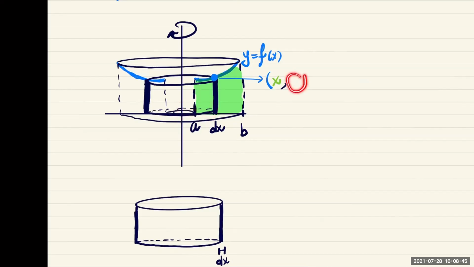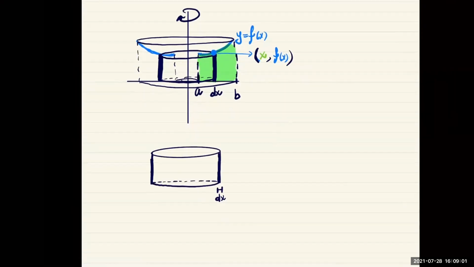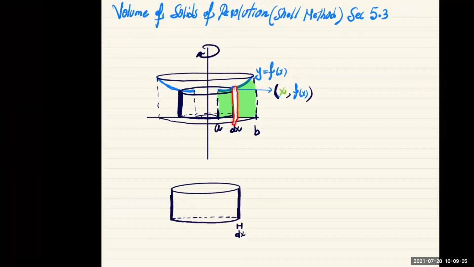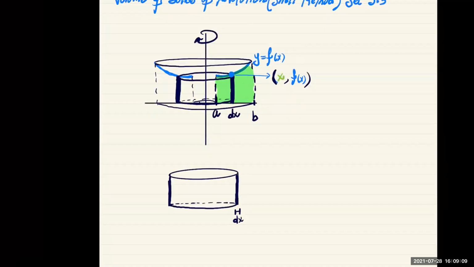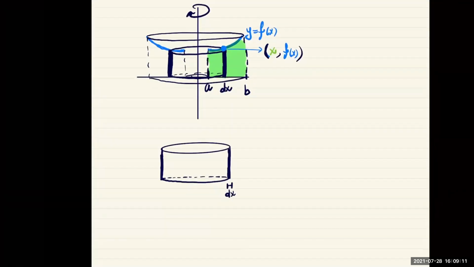And the y value, because it's on this graph, is just f of x. I'm taking a point on the strip as I have done for the rest of the problems. So the height of the shell is the same as the y value, which is f of x.